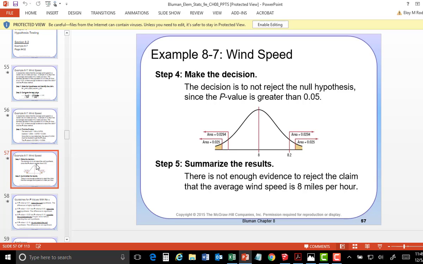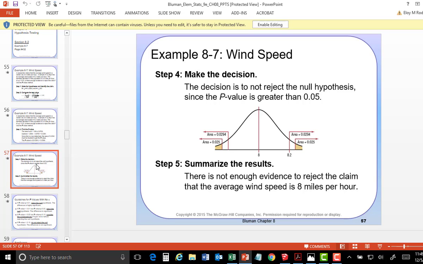This is the point where we hit our test statistic, and the area from here on out is 0.0294. And this one is 0.025. So which is bigger? Clearly the area from here on out is bigger than the area from here on out.